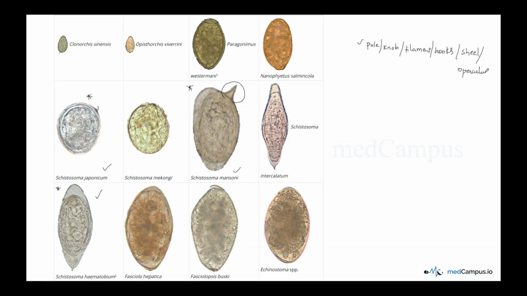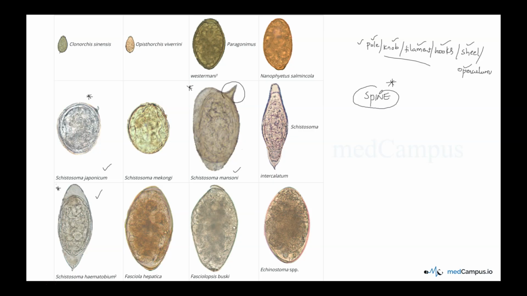See, look at the confusing terminology. But not all of these are essential to differentiate Schistosoma species. What is important is the spine, a very important one. So they might ask you a question: Schistosoma species are differentiated with the help of the presence of pole or knob or filament or hook or shell or operculum? No, not all this. It is the spine which helps in differentiating mansoni, japonicum and haematobium.